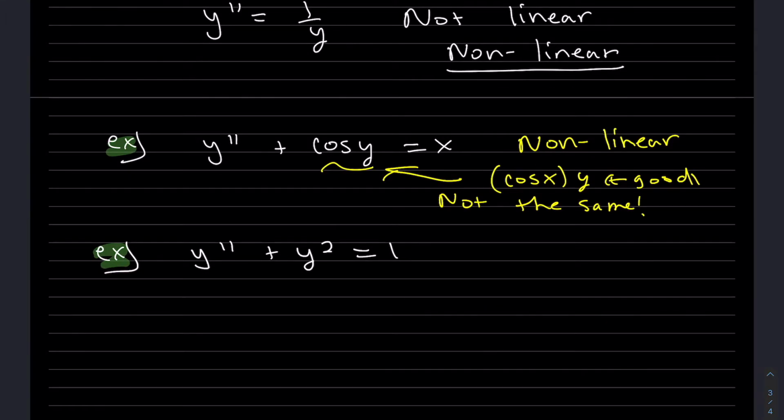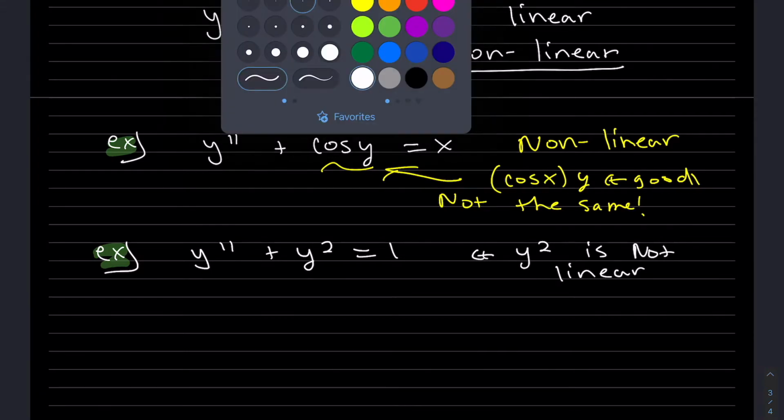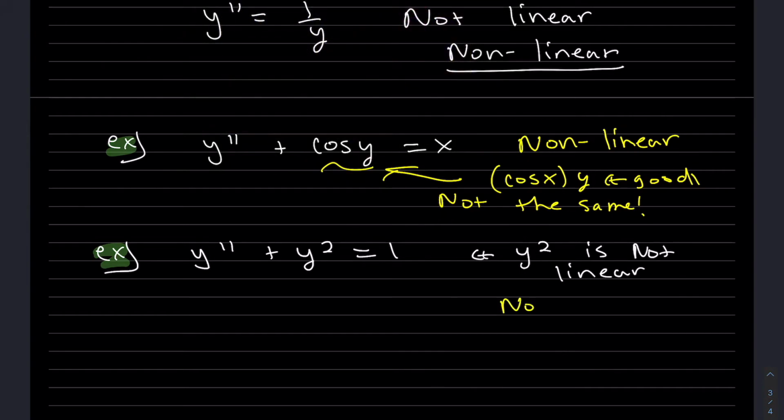So in this example, again, we have a y squared, which is not linear. So this again we're going to call a non-linear DE.